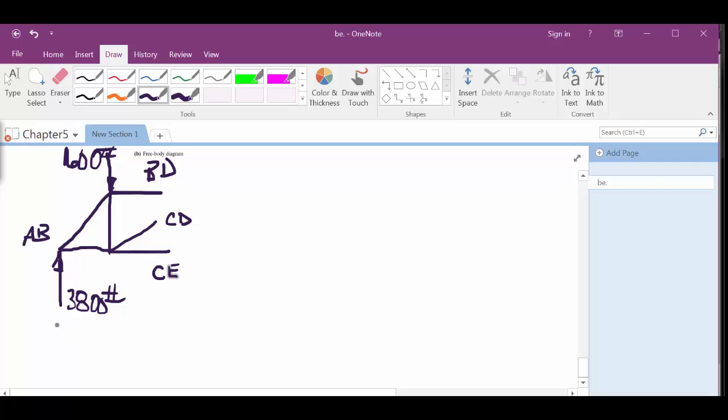Okay, and yeah, the distance from here to here is 12 feet. The distance from here to here is how much? 9 feet. That'll make a difference, won't it? Why does that make a difference? We have to know that angle right there, don't we? Right? So, what's that angle?